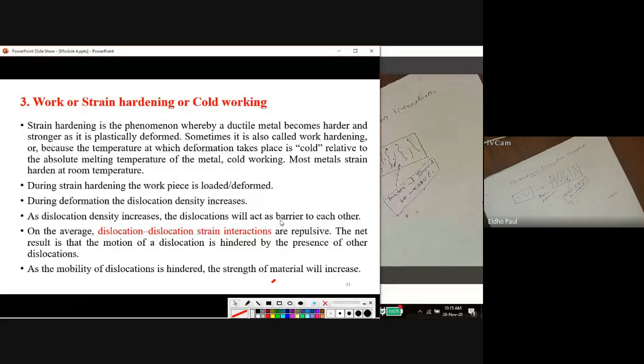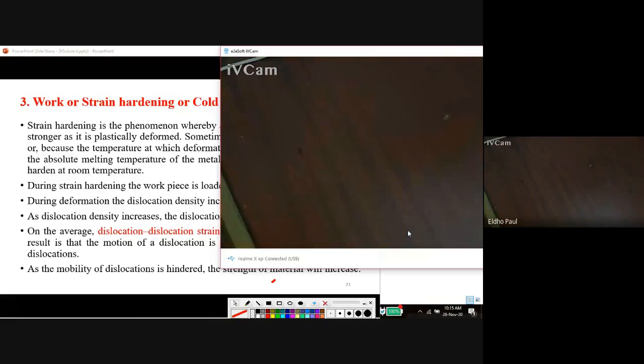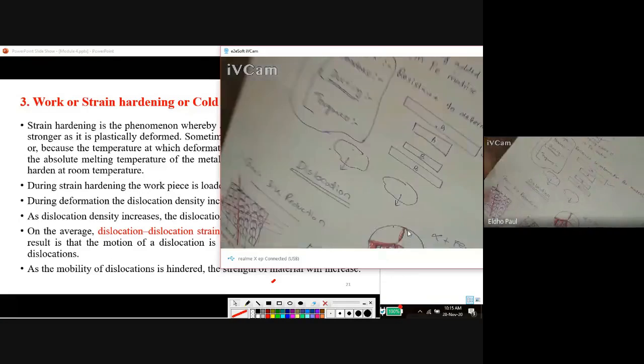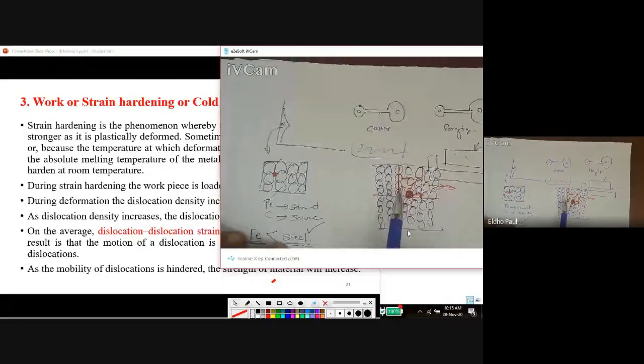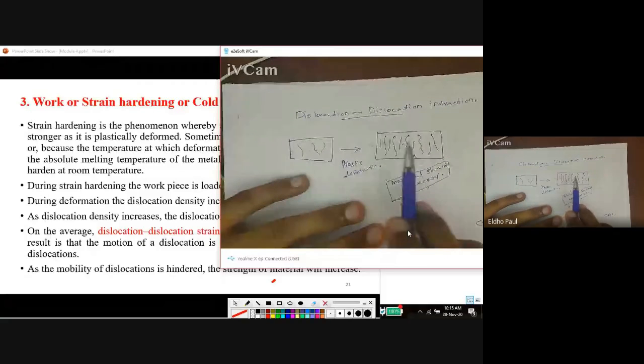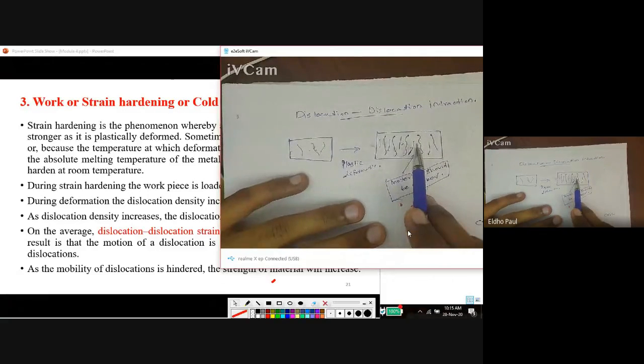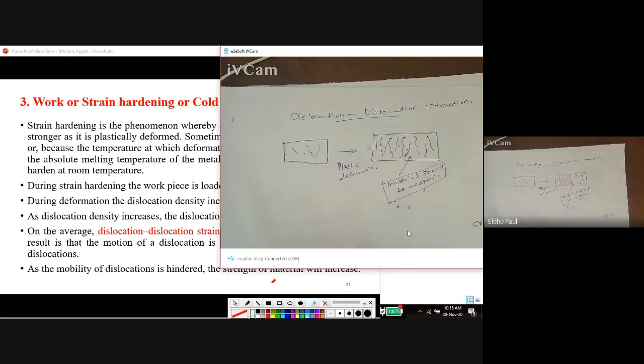In the previous case, a solute atom restricts the movement of dislocation. But here, one dislocation line restricts the movement of another dislocation line.